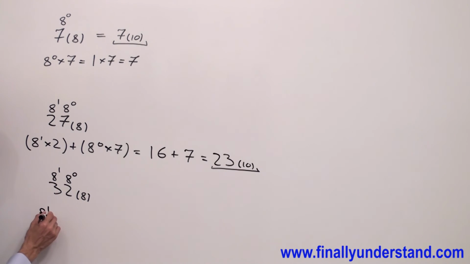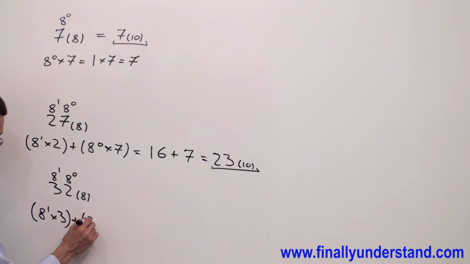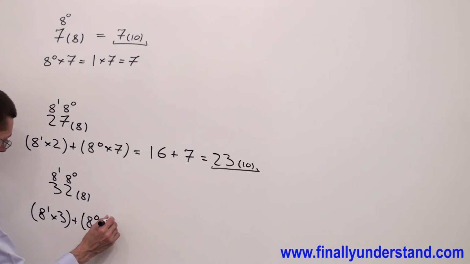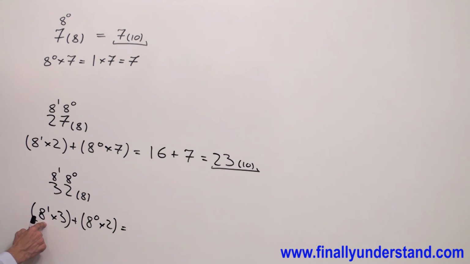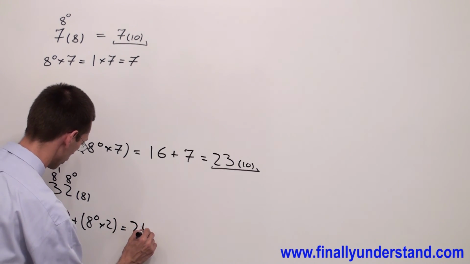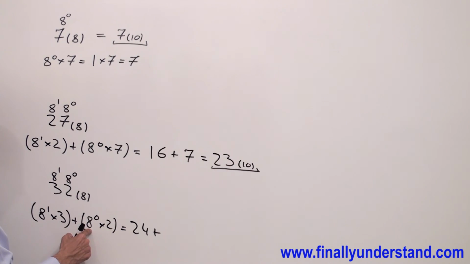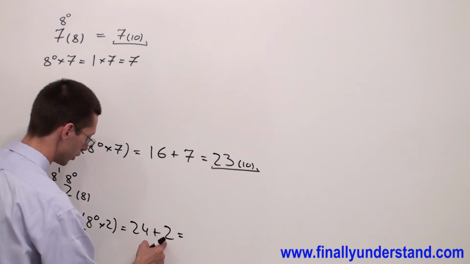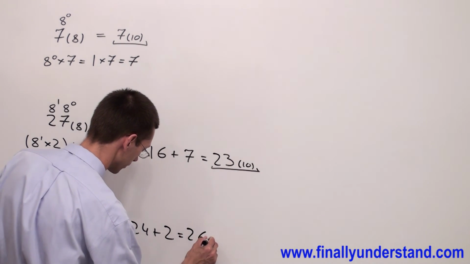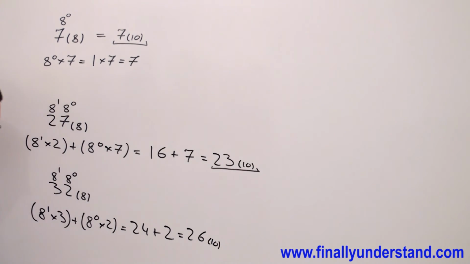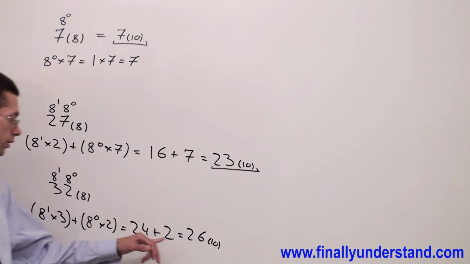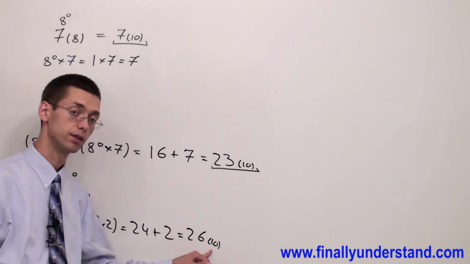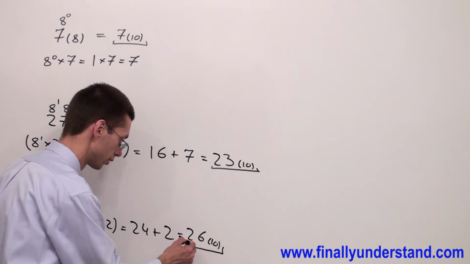So I have 8 to the first times 3 plus 8 to 0 times 2, which is equal to 8 times 3 is equal to 24, plus 8 to 0 is equal to 1 times 2 is equal to 2, and I have 24 plus 2 is equal to 26 base 10. So we can say that 32 base 8 is equivalent to 26 base 10, and this is the solution to my problem.